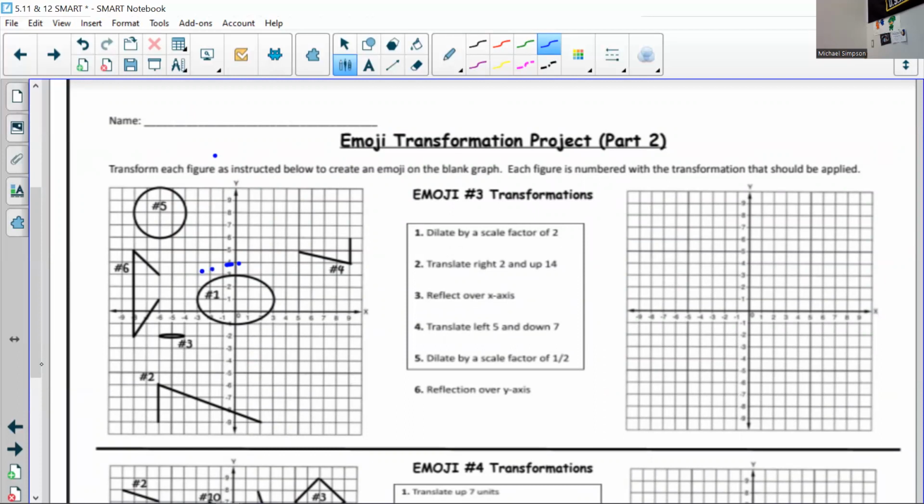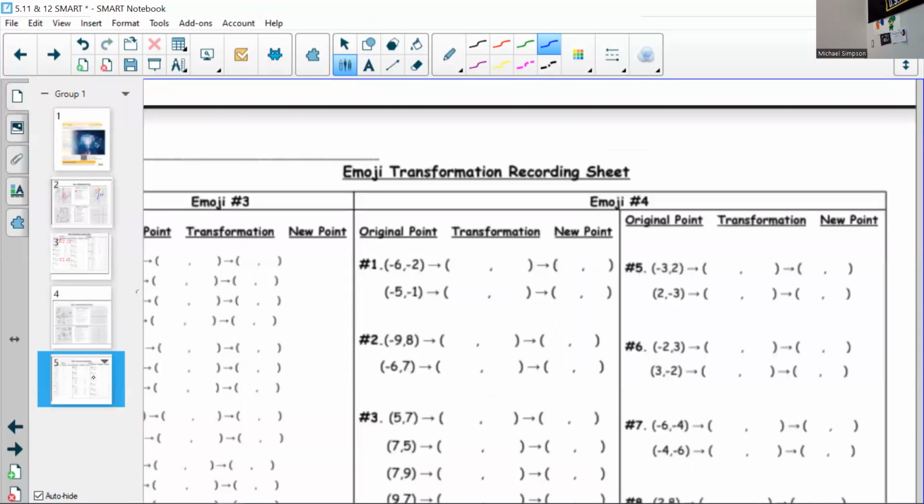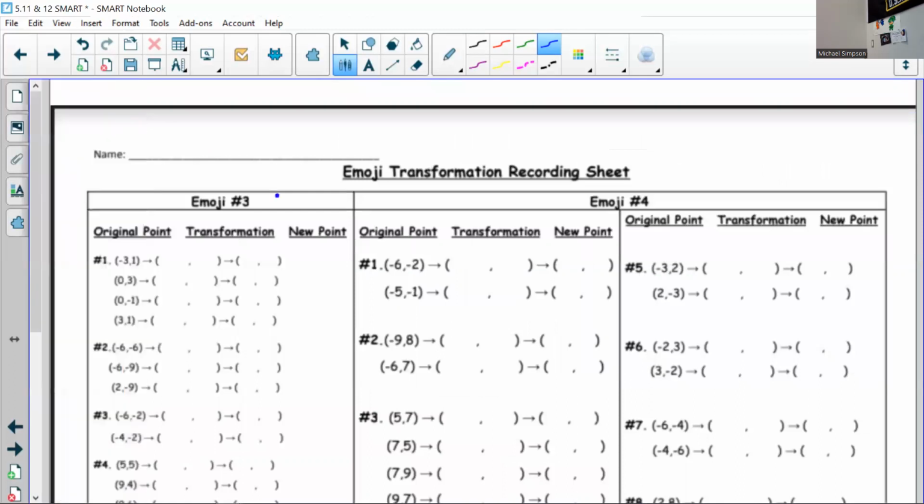Remember, on yesterday's lesson, when you dilate, you're multiplying the x and y coordinates by the factor. So the factor is 2. Let's go to the recording sheet now. We're looking for number 1 on emoji number 3.